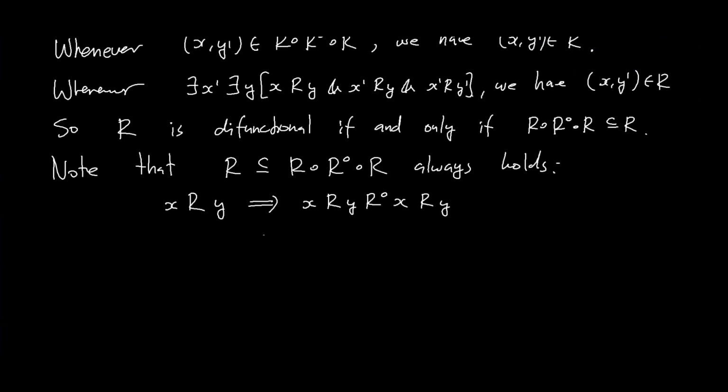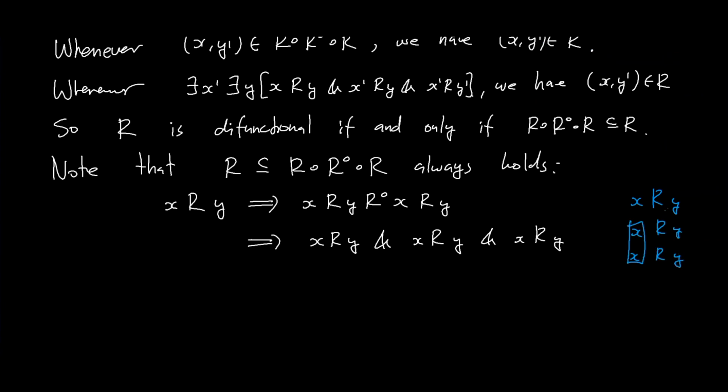So that implies that, and furthermore, if I revert back to the usual R, this gives me XRY, XRY and XRY. This is a special instance of our scheme, because remember, our scheme was to have these two the same and those two the same.